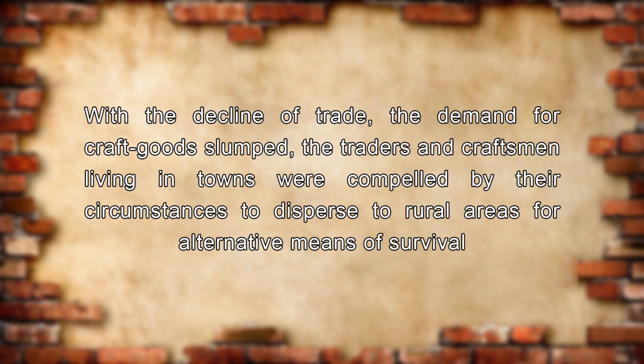Decay of urban settlement is an important indicator of commercial decline because the towns are primarily the settlements of people who are specialized in crafts and commerce. With the decline of trade, the demand for craft goods slumped.